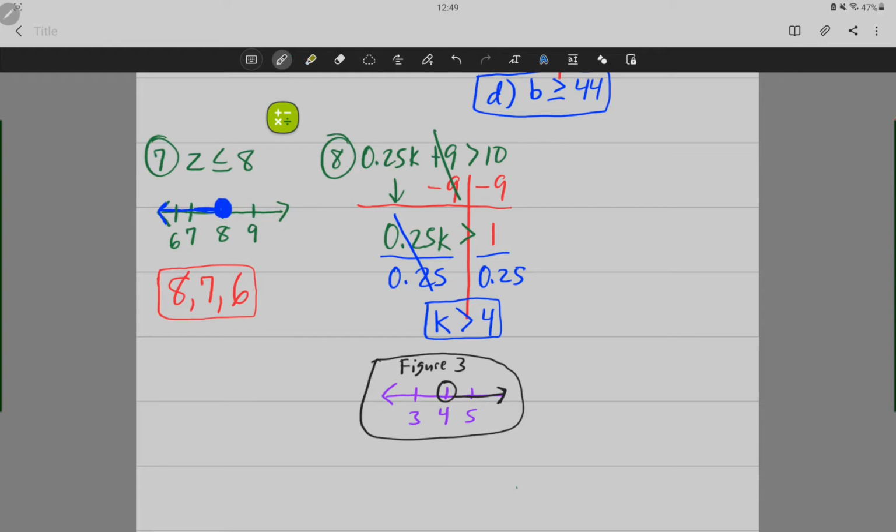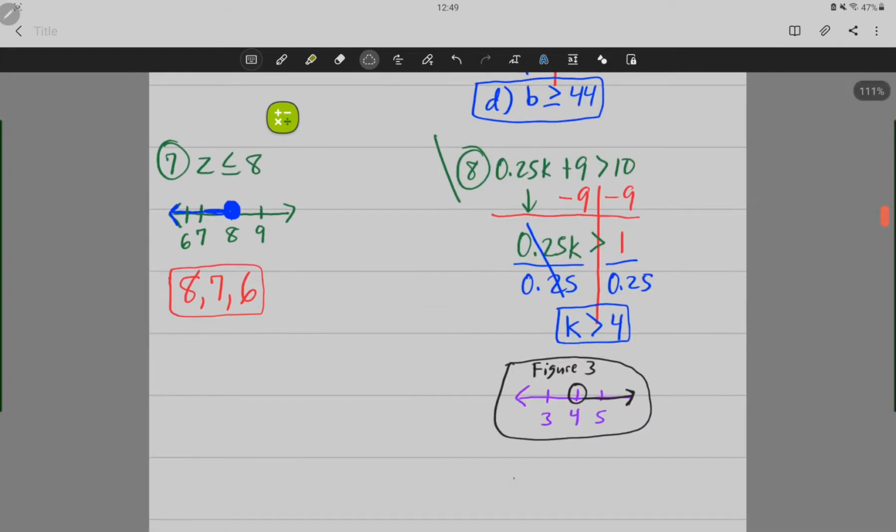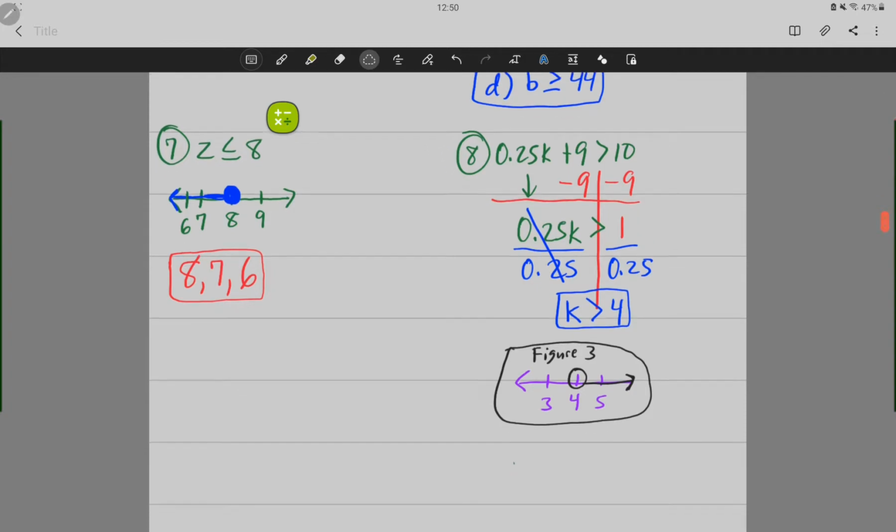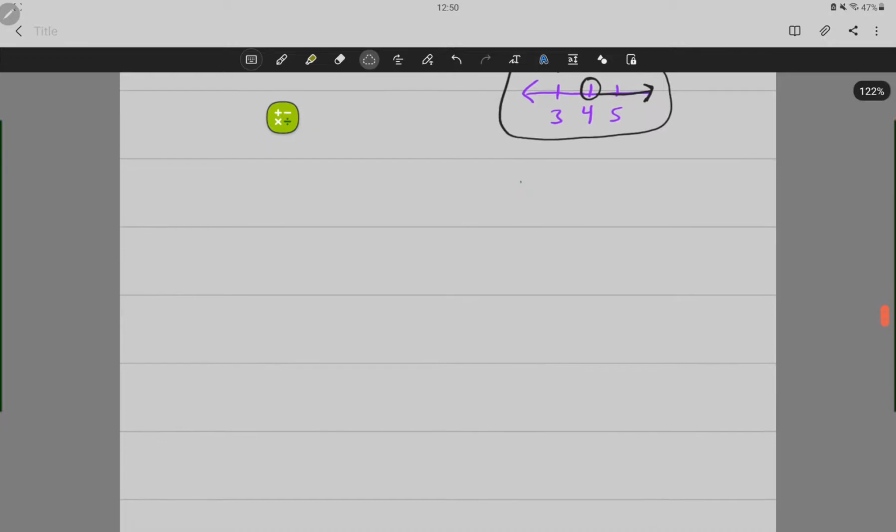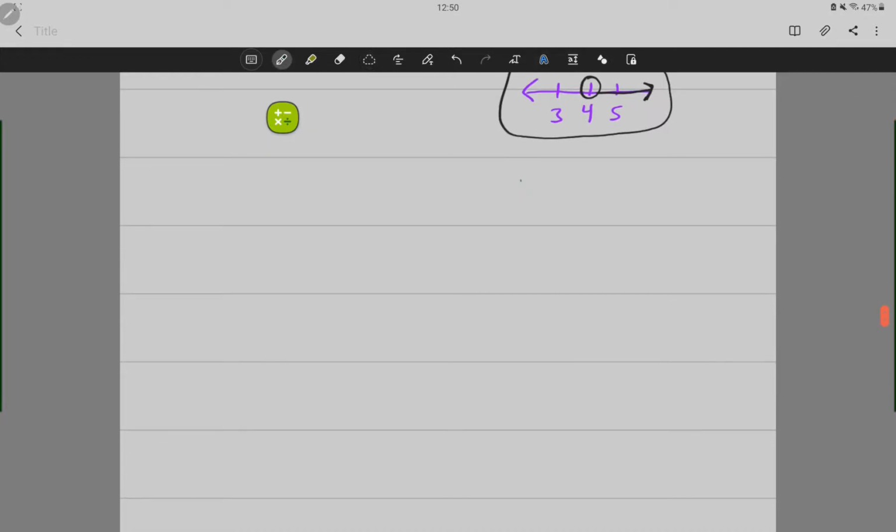So numbers 9 and 10. All right, so number 9 is another word problem.